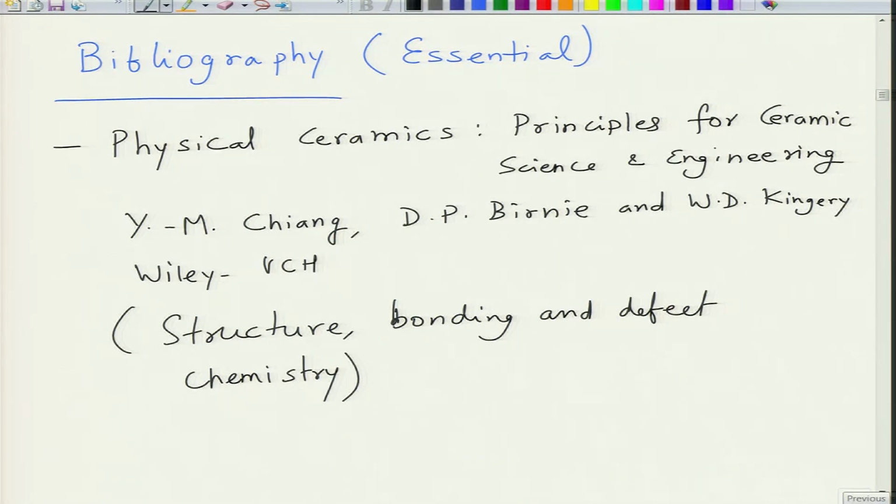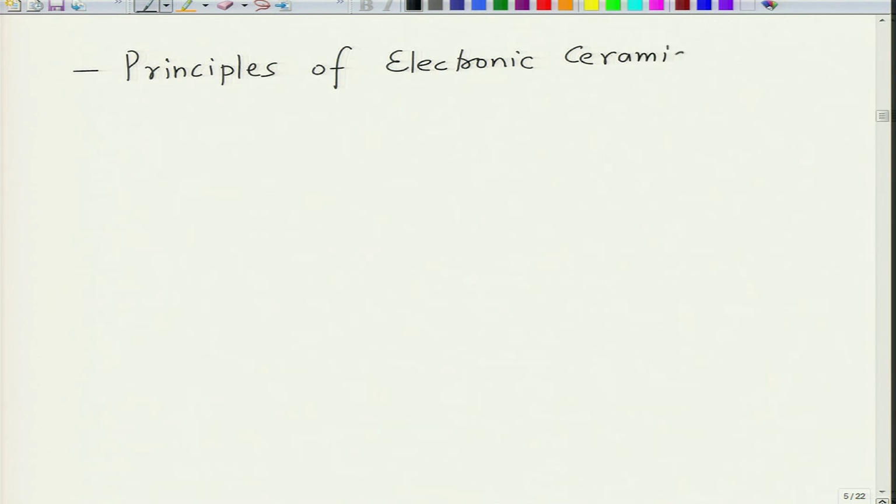Then we will look at another book whose name is Principles of Electronic Ceramics by L.L. Hench and J.K. West.